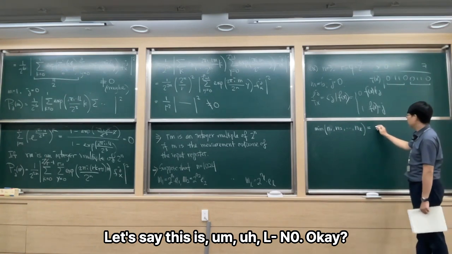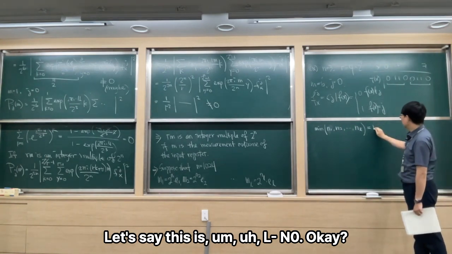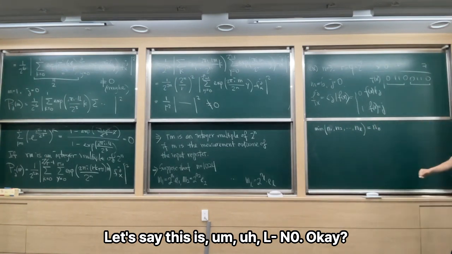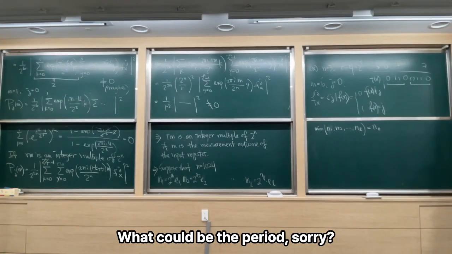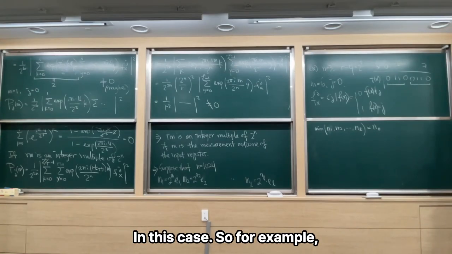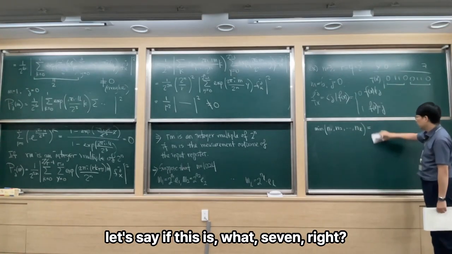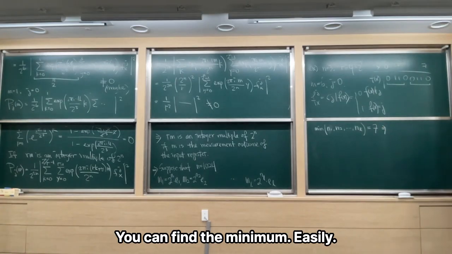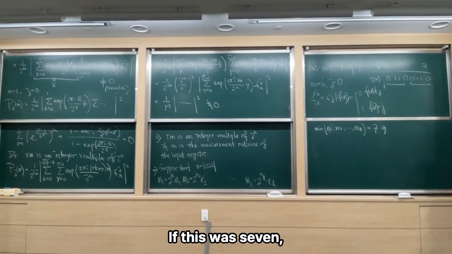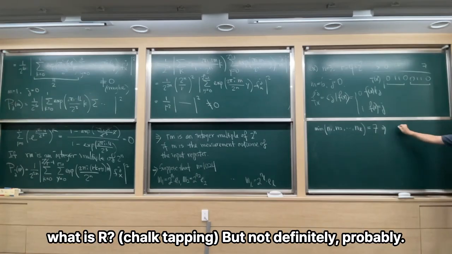Let's say this is n0. So what's the period? What could the period be in this case? For example, let's say if this was 7, you can find the minimum easily. If this was 7, what is r? Not definitely, but probably.